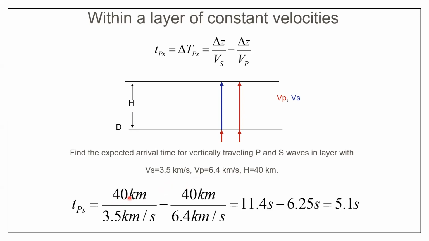So 40 kilometers divided by 3.5 kilometers per second minus 40 divided by 6.4 kilometers per second, which will turn out to be 11.4 minus 6.25. That will be around 5.1 seconds.